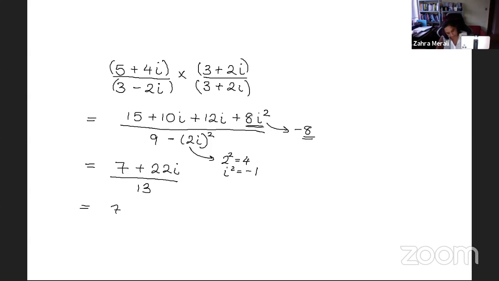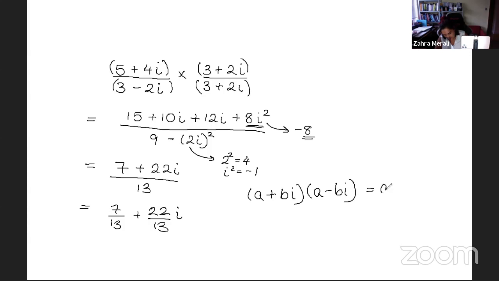And you could write that as 7 over 13 plus 22 over 13 i. So the useful bit to remember, if you want to, is that a plus bi times a minus bi is the same as a squared, and instead of minus b squared, because of this i, it becomes plus b squared, if you wanted it generically.